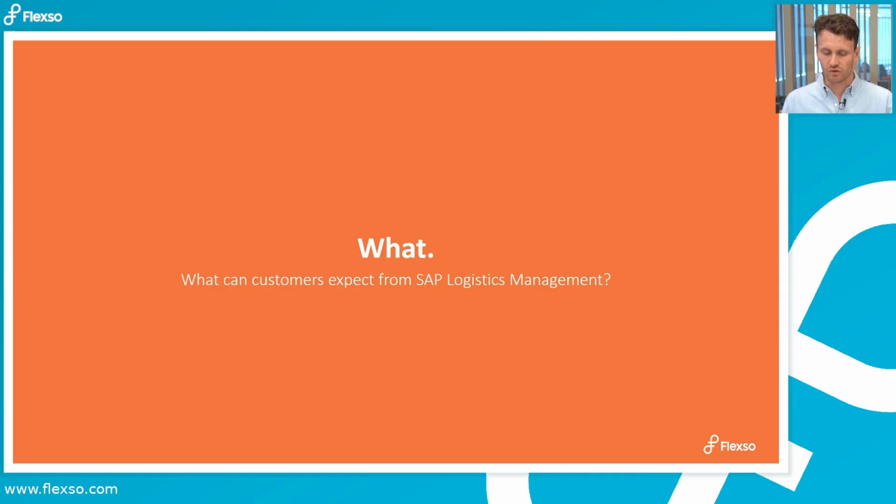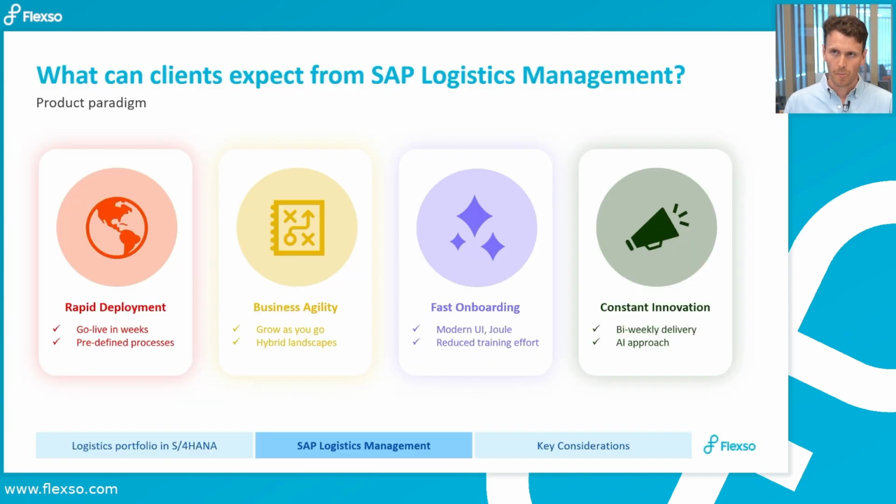Now we need to focus as well on the what. What can customers expect from logistics management? We have a product paradigm, so it's a set of offerings, a differentiator compared to EWM and TM in private clouds, both private clouds and public clouds. They focus on rapid deployment.